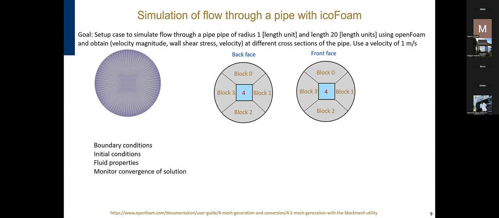For a pipe, for instance, any suggestions? You have a flow through a pipe. What do we need? What would be the potential boundary and initial conditions?